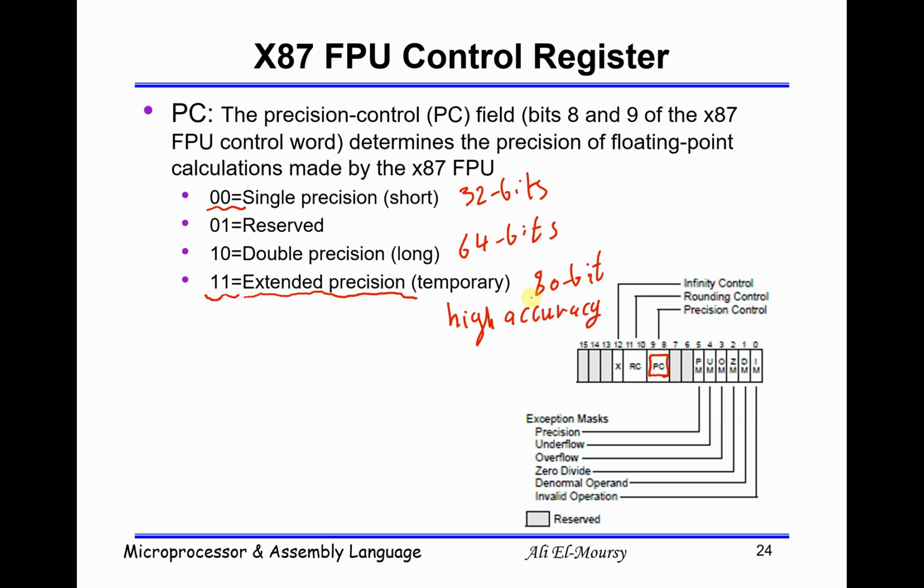The 80 bits is definitely very high accuracy, and it may be used for very intensive and very precise numbers, because you have a lot of bits for the number and a huge range of values that can be represented in the extended precision.